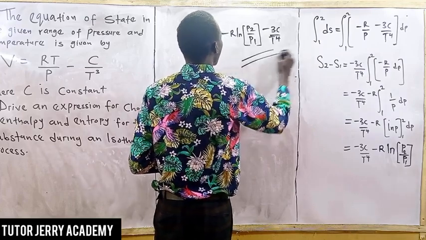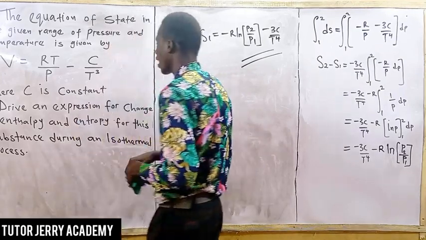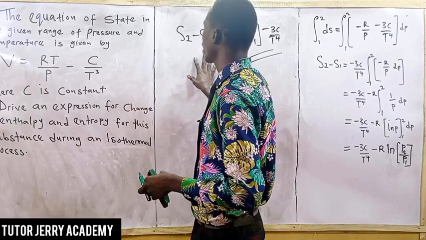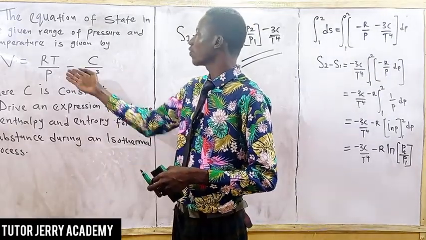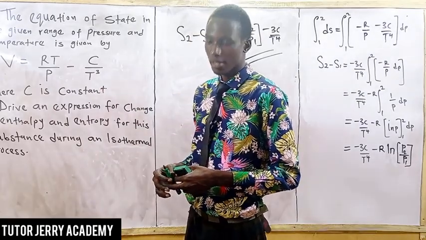We can refer to this expression as the expression for entropy during an isothermal process, given the above equation of state. So this is what we have.